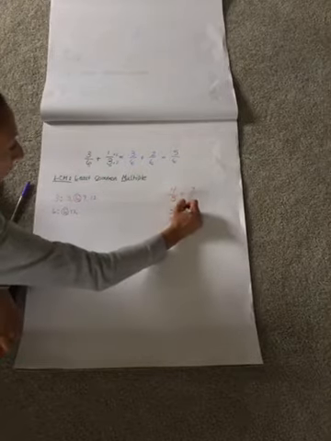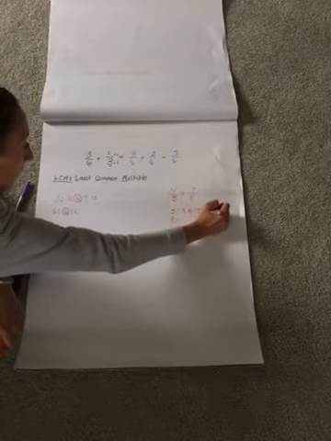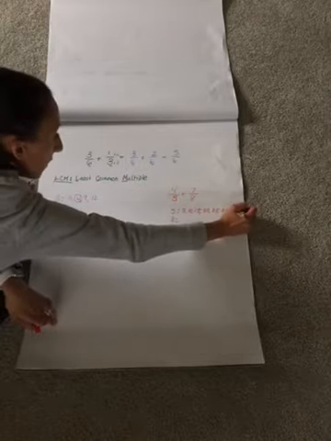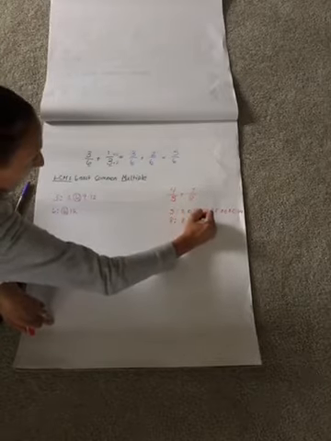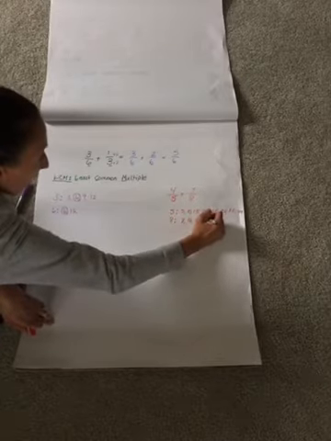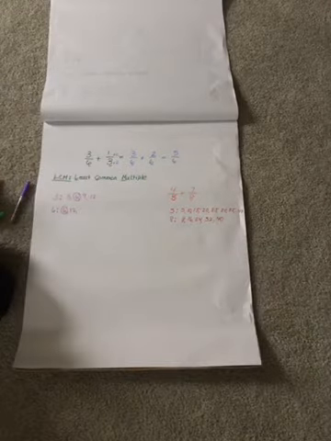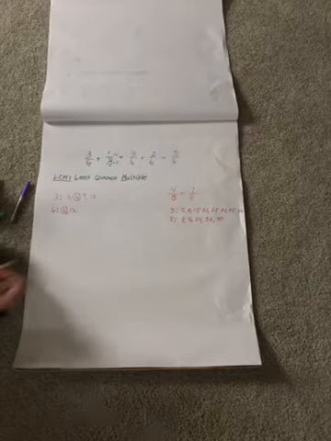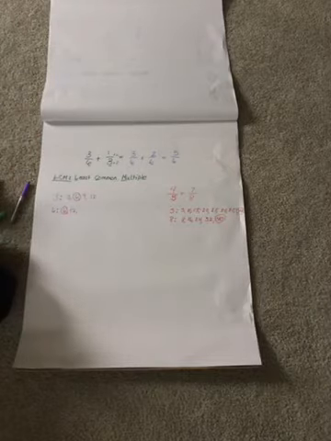So I'm going to count by 5s. And I'm going to count by 8s. Okay, and I'm looking at all those numbers, and the only number that those two have in common is 40. Therefore, 40 is my least common multiple.